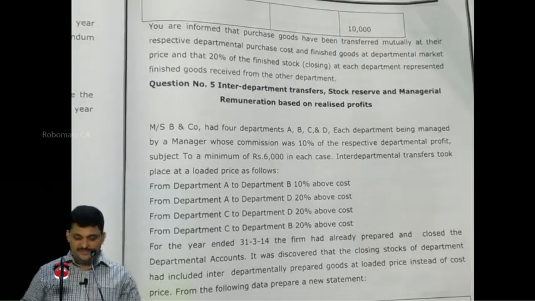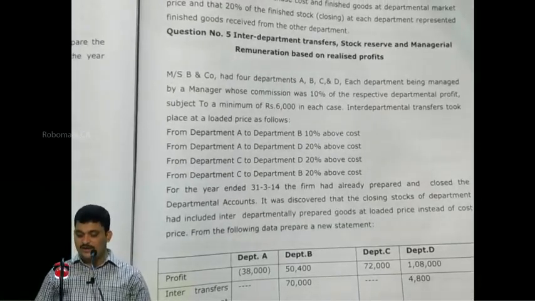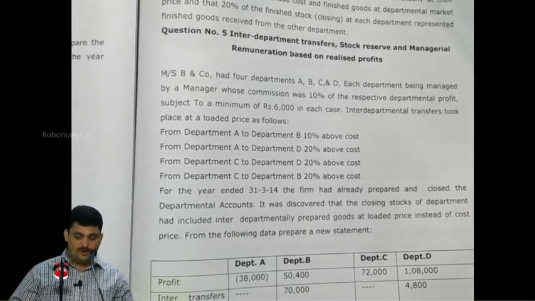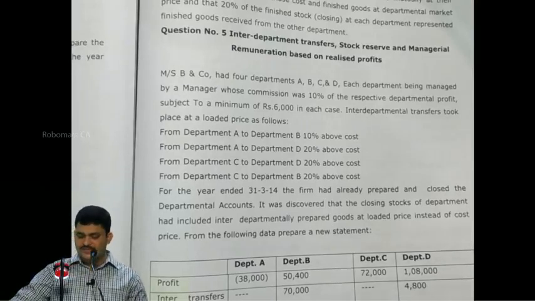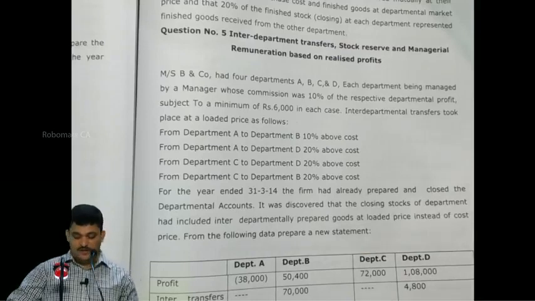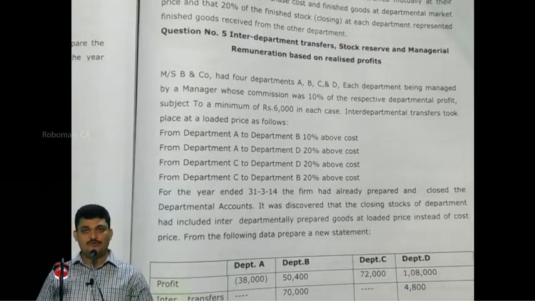For the year ended 31st March 2014, the firm had already prepared and closed the departmental accounts. It was discovered that the closing stock of departments had included interdepartmental goods at loaded price instead of cost price. From the following data, prepare a new statement.